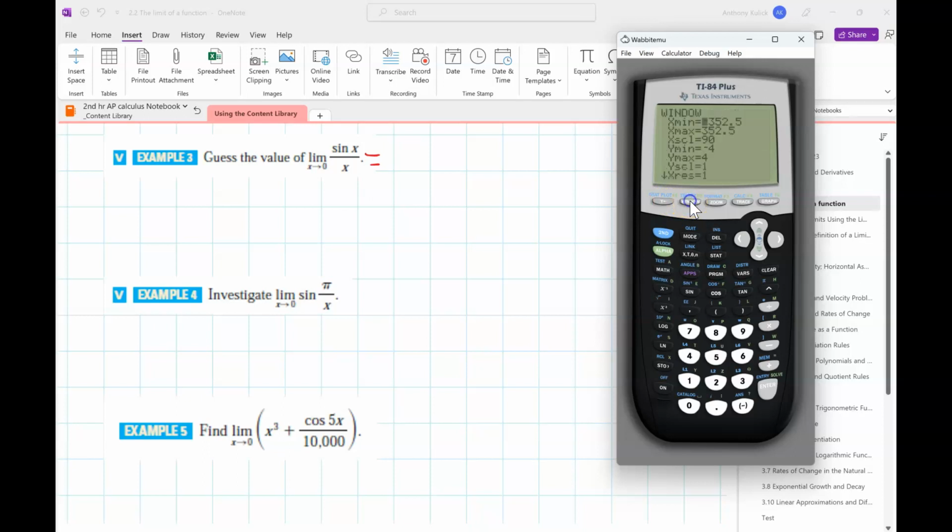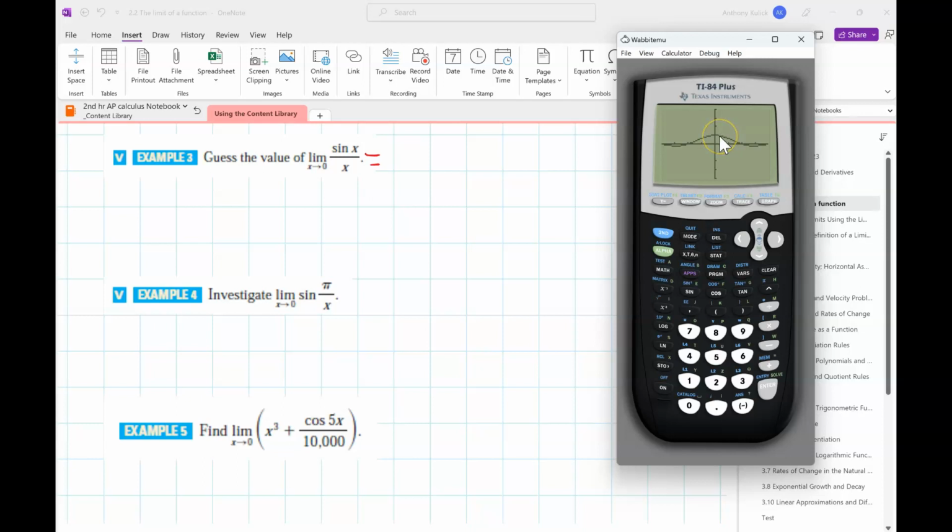Sine x over x. Oh, it's because I zoom trigged it. Okay, there. So here's my graph. This is just in radians with zoom trig.